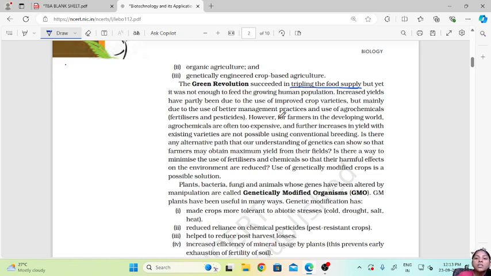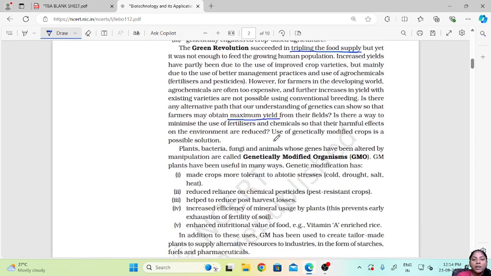So we needed to find a solution to increase crop yields. The scientists started questioning whether there is any alternate path for understanding the genetics of the crops, and how we can obtain the maximum yield from the same area of the farms. Then they thought that the use of genetically modified crops is a possible solution.